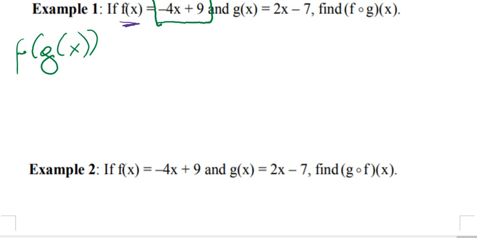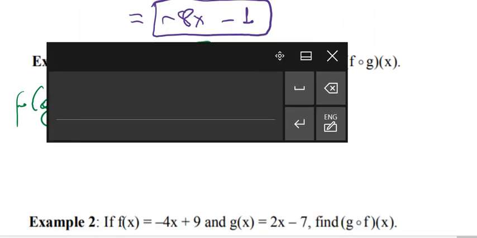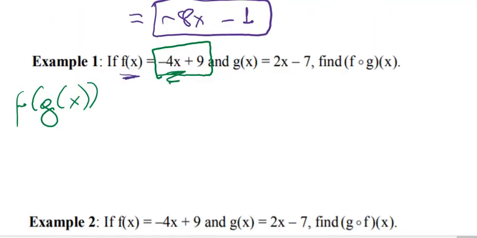So I'm starting with the f, and every time I see x, I will put this. Let's start. Equals minus 4 plus 9, and inside I put my nice brackets, and I will go 2x minus 7.